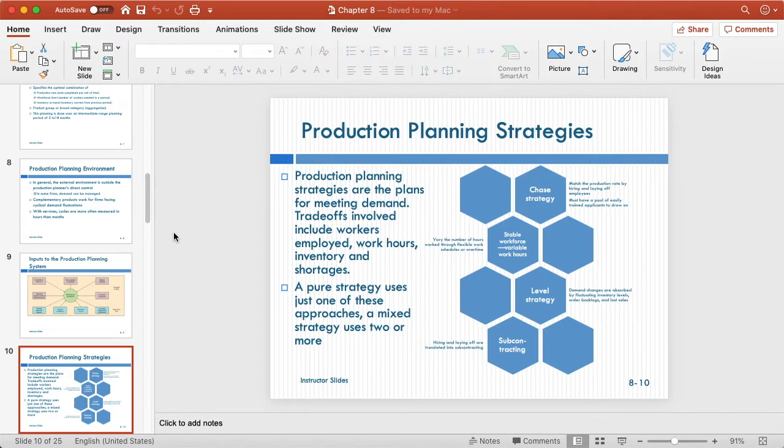These are the production planning strategies. Our goal is very simple: we're trying to have a plan that uses the limited resources to meet the market demand. There is a trade-off. None of these strategies dominates every other strategy. Every strategy has advantages and also disadvantages.